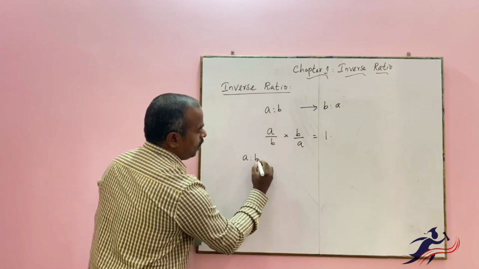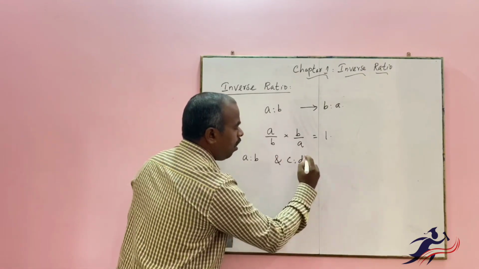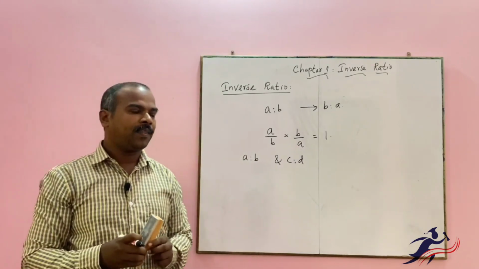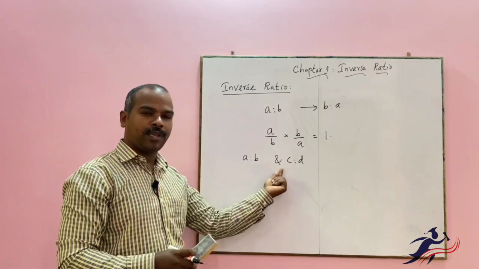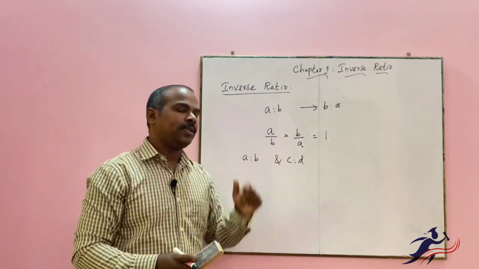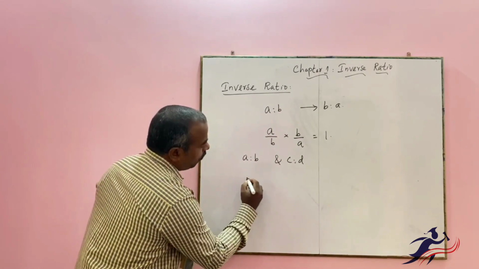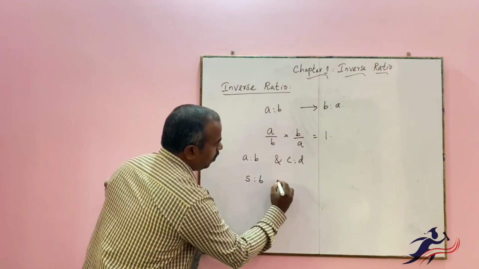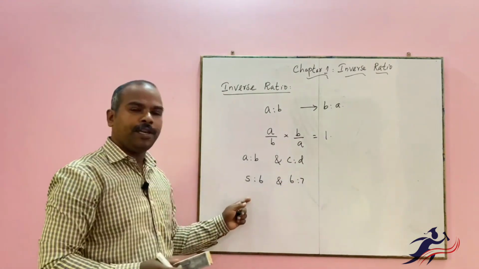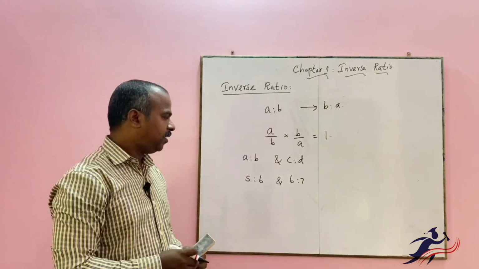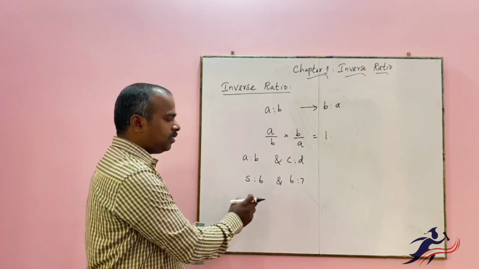If A is to B and C is to D are any two ratios, then the compounded ratio of these two ratios is their product. Example: if 5 is to 6 and 6 is to 7 are any two ratios, then the compounded ratio is their product.